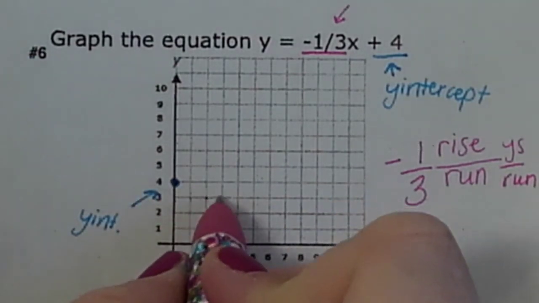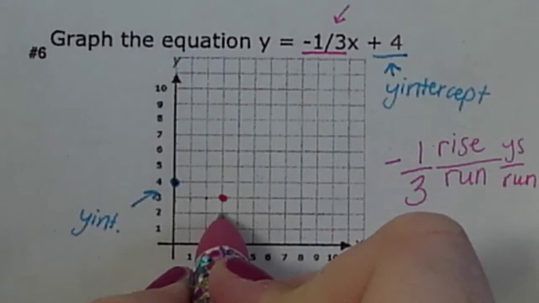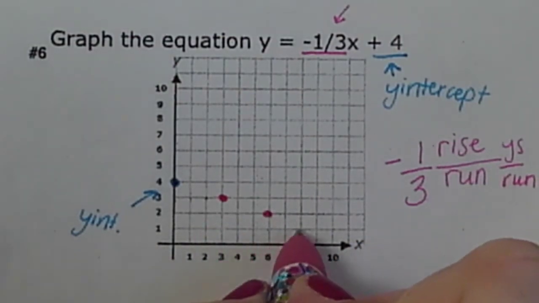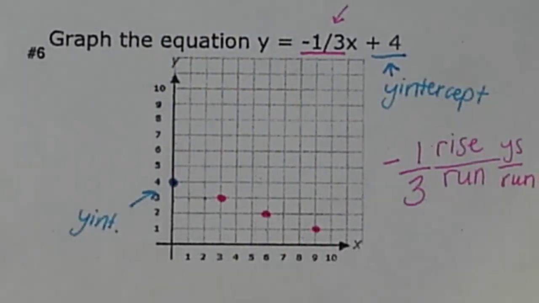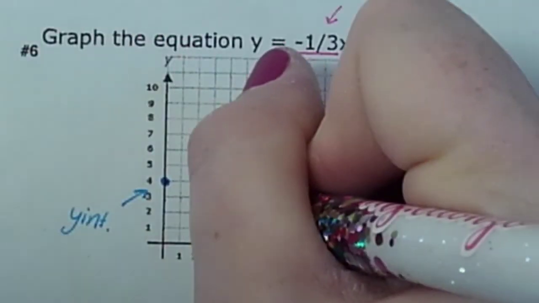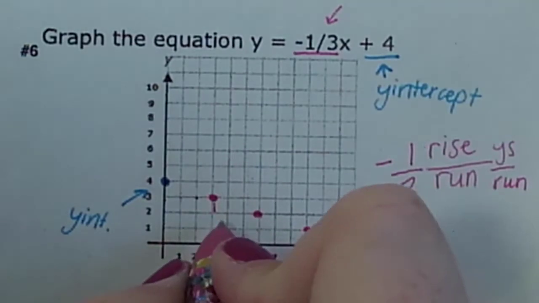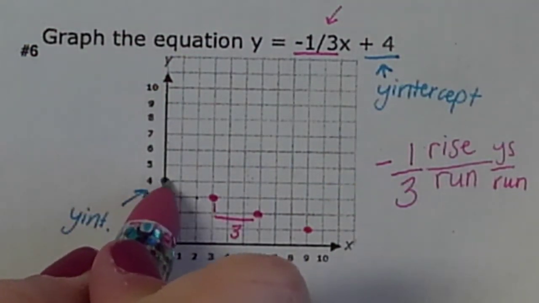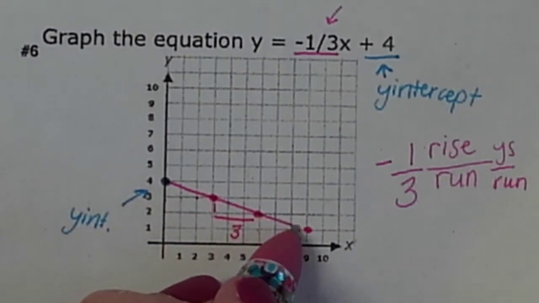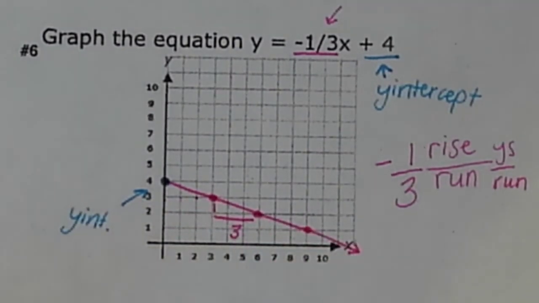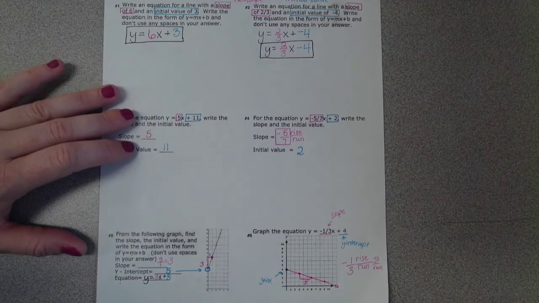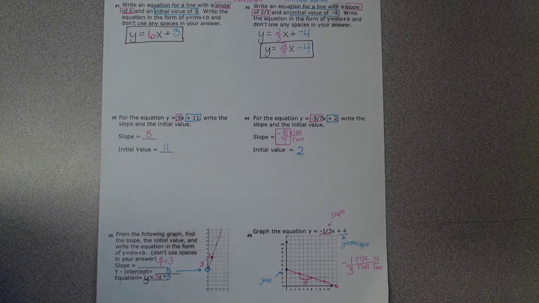So down 1, over 1, 2, 3. Down 1, over 1, 2, 3. And that would be our line. Okay, so there is the review.